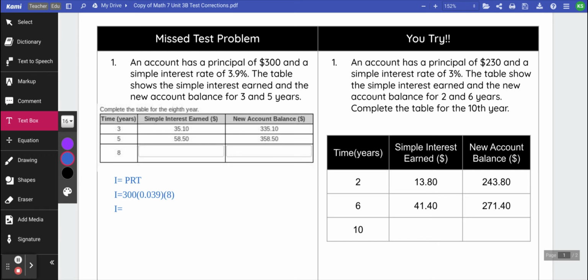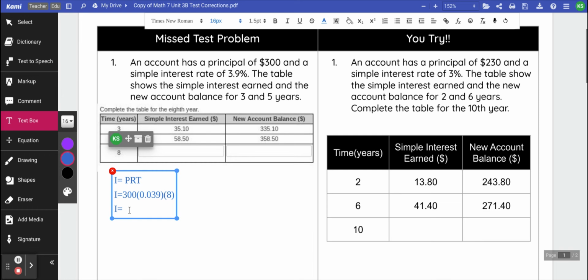So I'm going to have I equals 11.7, and I still need to multiply that by 8, okay? Because all I did was multiply the 300 times the 0.039.